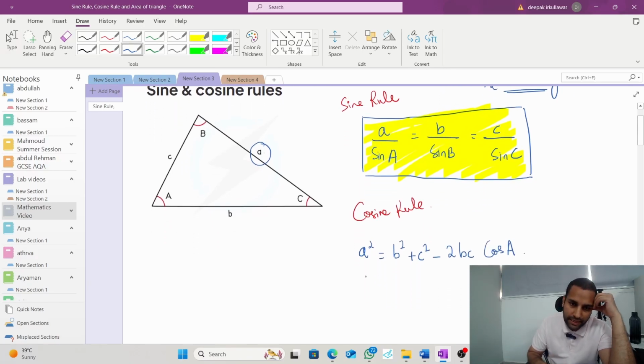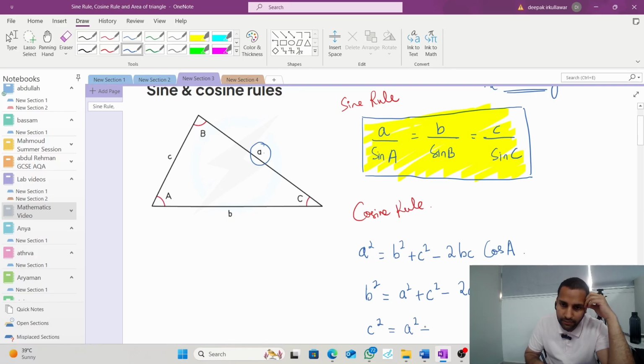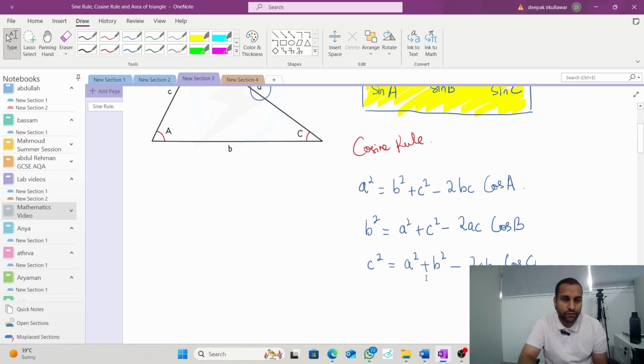If you are finding b square, then what is left out? a square plus c square minus 2ac cos B. Similarly, if you are finding c square, this would be a square plus b square minus 2ab cos C. So this is your cosine rule.